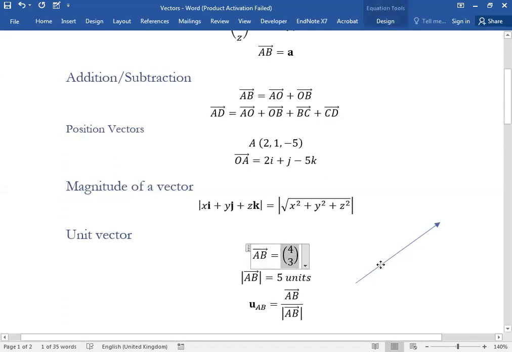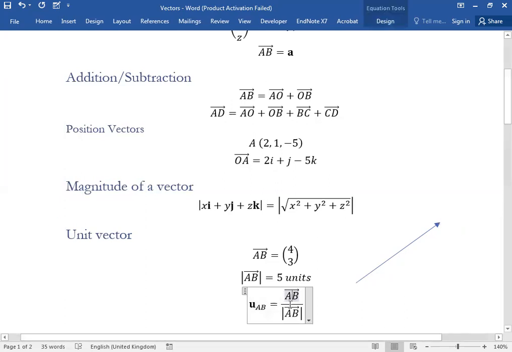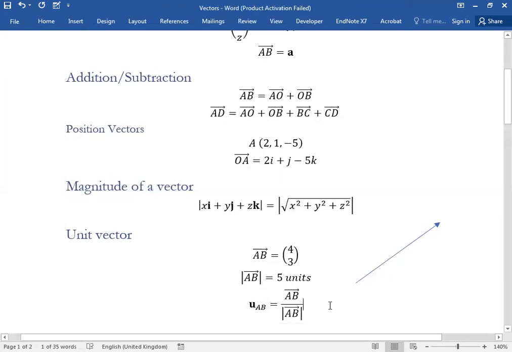Now, if I want to get a vector in the same direction, but with magnitude 2.5, then what? (2, 1.5). So now if I want to get a vector in the same direction, but with magnitude 1, (4/5, 3/5). So technically you are taking the vector and you're dividing it by its magnitude to get a unit vector. A unit vector can be in any particular direction, but it always has a magnitude of 1.